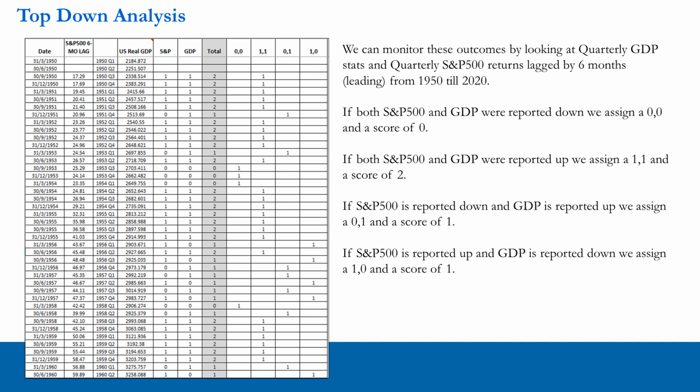So if you look in the first row where we have both pieces of data, where we have Q3 in 1950, okay, we have 2.338 trillion for US real GDP, and we have 17.29 as the level on the S&P 500. And you can see that the S&P 500 data starts after Q3 or the end of Q3, okay?